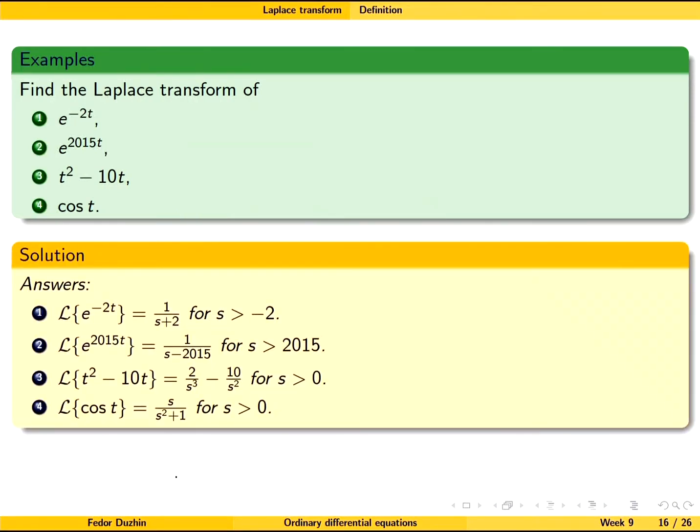Another thing is that the domain of the resulting function can be the set of positive values, or some infinite interval from minus 2 to infinity, or from 2015 to infinity. It depends, so there could be different cases here.